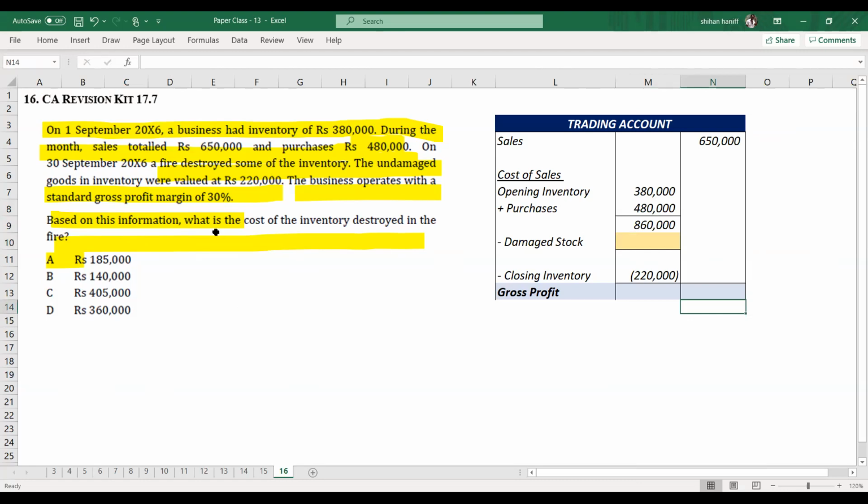Business operates with a standard gross profit margin of 30%.